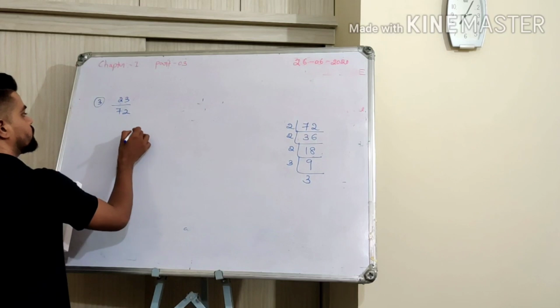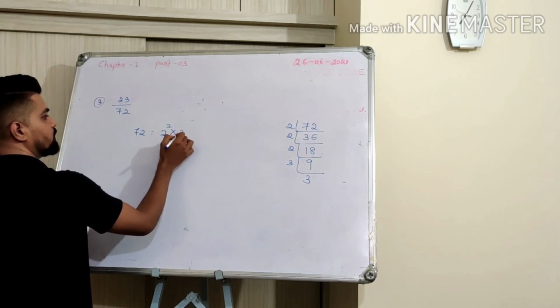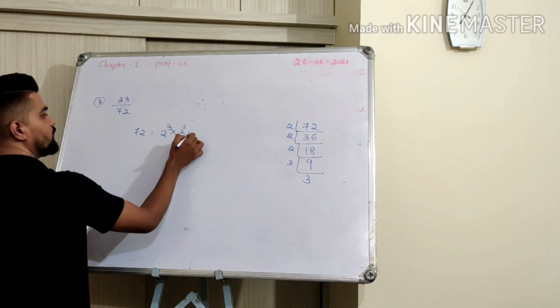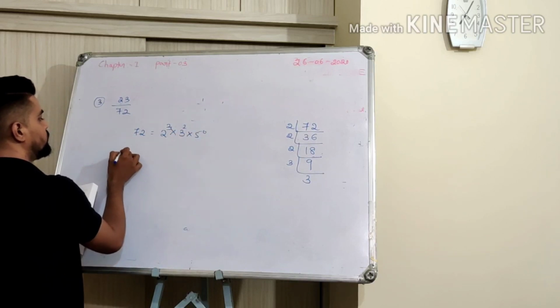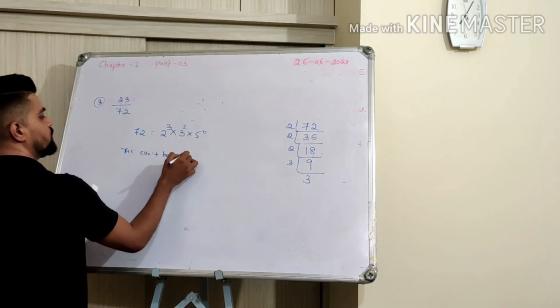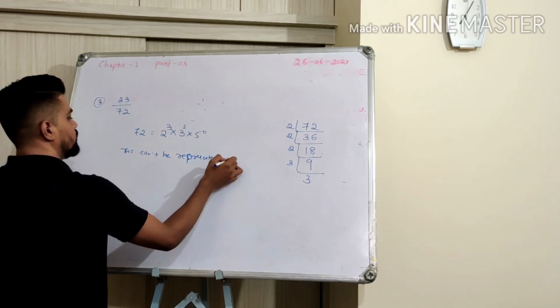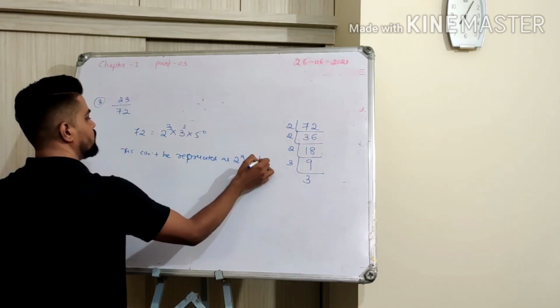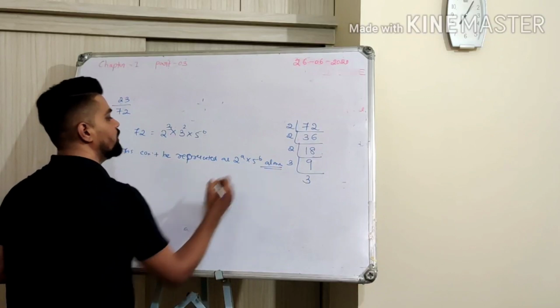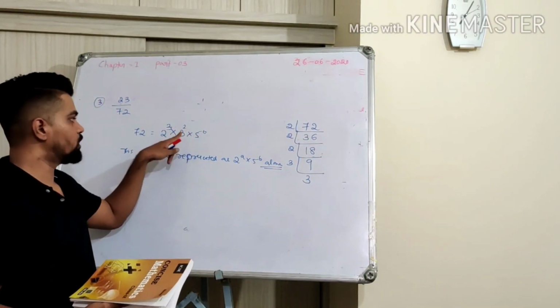So now 72, the divisor, can be written as 2 square into 2 cube into 3 square into 5 power 0. So this can't be represented as 2 power a into 5 power b alone. This is important, alone. I should not have anything else other than 2 and 5. But along with the 2 and 5, I also have 3 here.